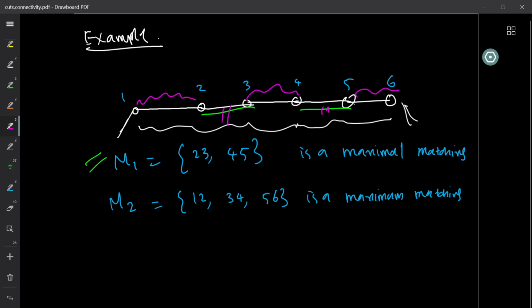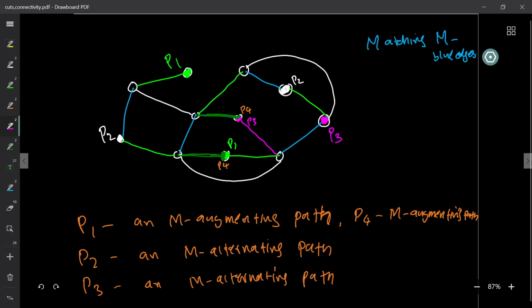So therefore, I get more edges into the matching. Now this I can do even if I don't put all the edges of the matching into this M augmenting path. In fact, for any subset one can do this. So this is something that you can observe if you look at some examples.